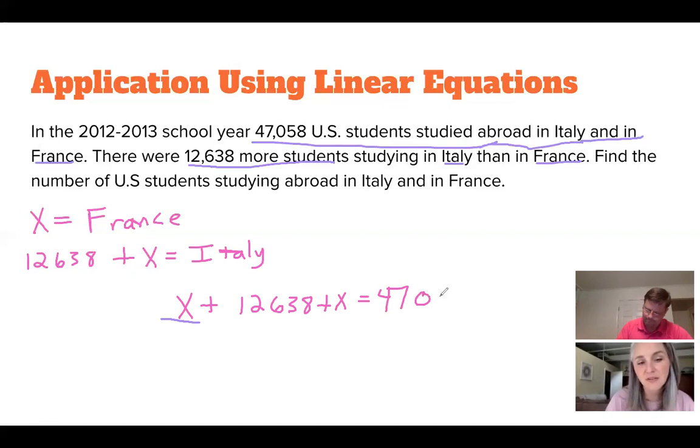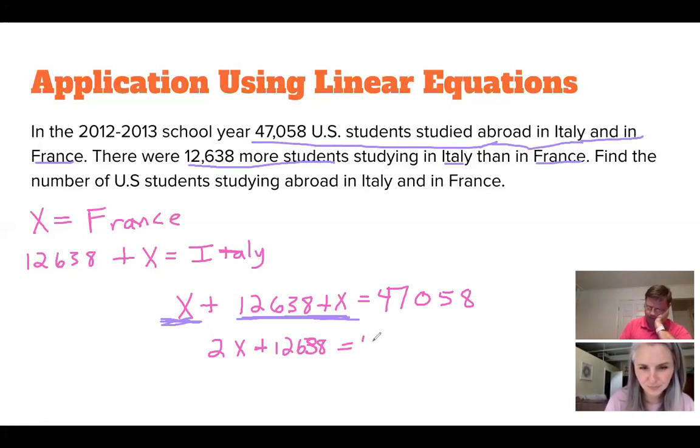This X would be France. This 12,638 would be Italy. So what he just said is France plus Italy has to be that 47,058 number. Then he's combining like terms, and I got to solve this.